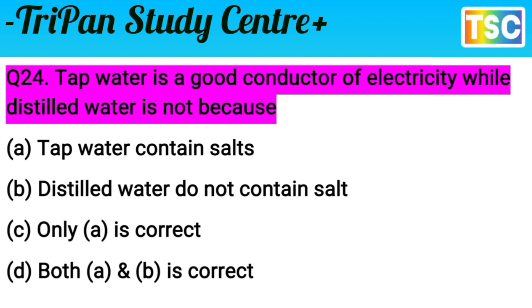Option B is correct, because the examiner asks why distilled water is not a good conductor. Why? Because distilled water does not contain salt. Option B is correct here. Let's see the last question here.